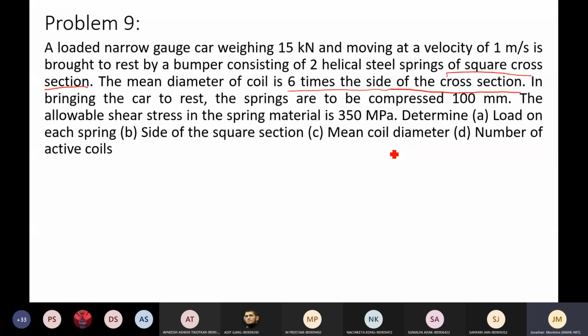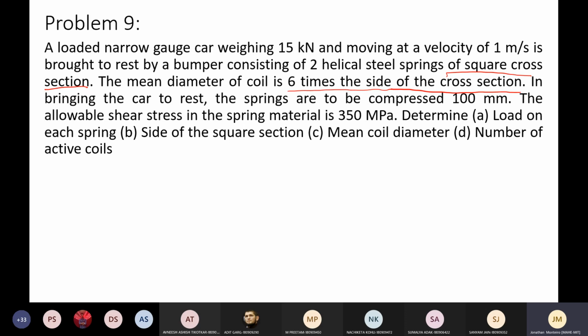So coming back to our discussion, there are also springs which are not totally round, in other words, which have a cross section other than the round one. So that also we need to be aware of. For some specific reason, they might do that.